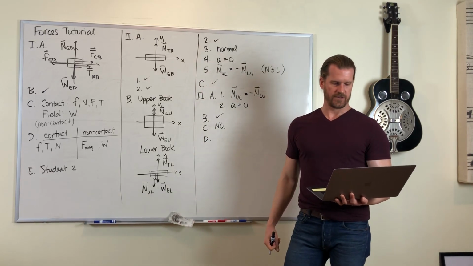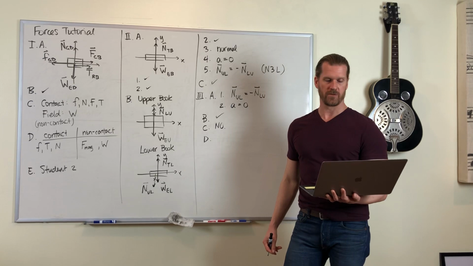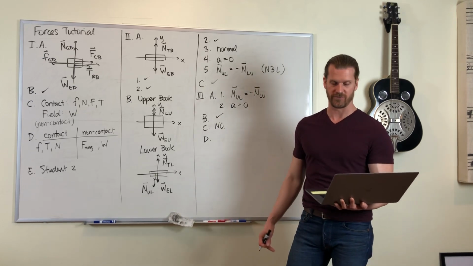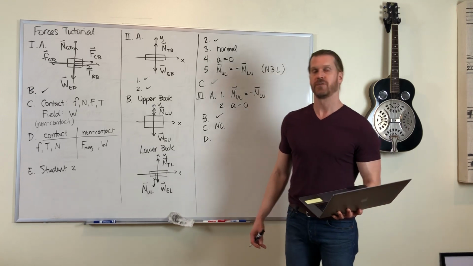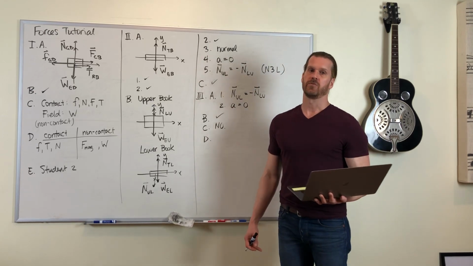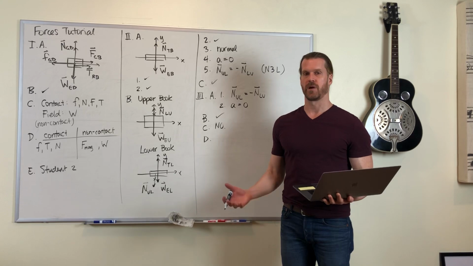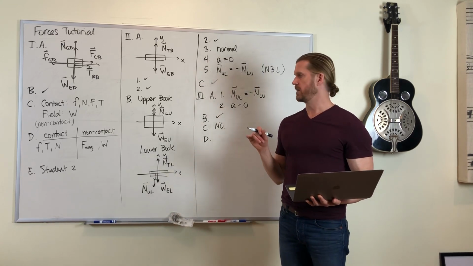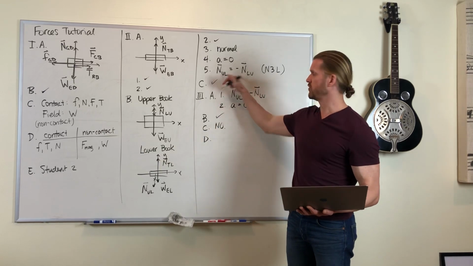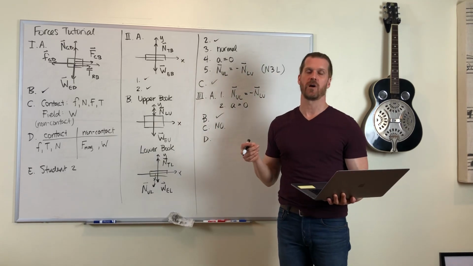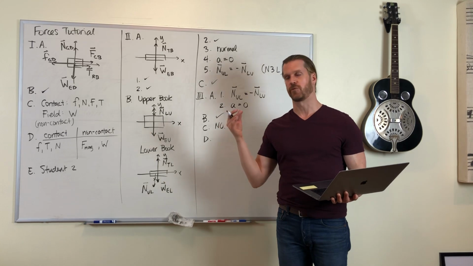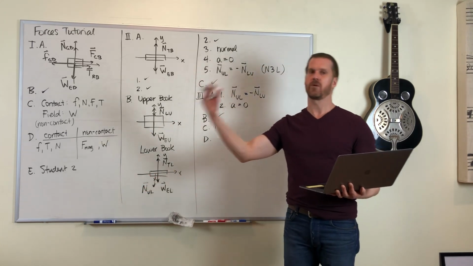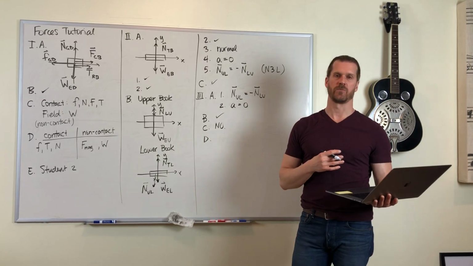And last question. Can members of a third law force pair be different types of forces? Could one be a gravitational force and one a frictional force, for example? No, they can't. Newton's third law is just talking about one type of force, and when you have a normal force, for instance, between two objects, it's the normal force of object 1 on object 2, and its pair is the normal force of object 2 on object 1.